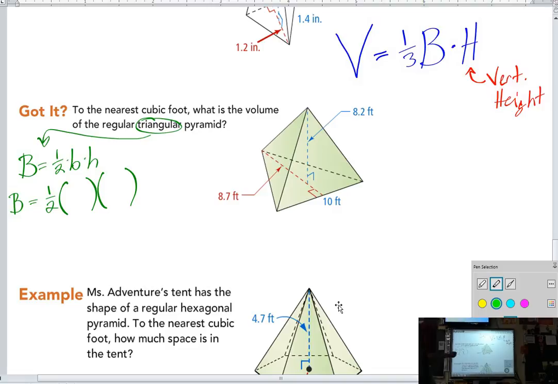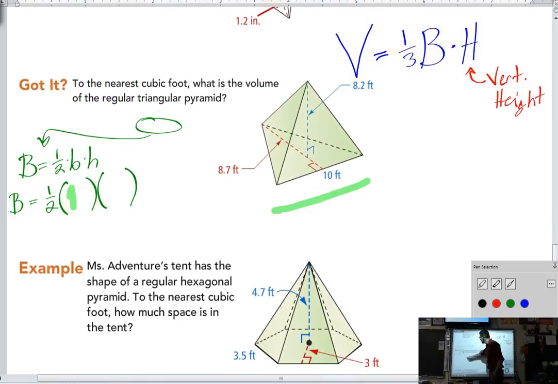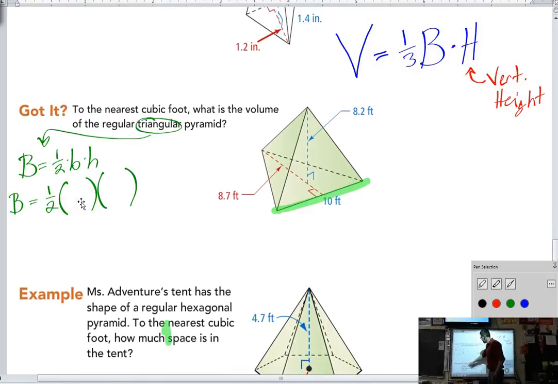Yeah, so that little b is 10 feet because it's the base of the triangle. So then do you know what the little height is? 8.7. Because the little b and little h, Flynn, do you remember the relationship they have to have? What's that symbol that I'm looking for?